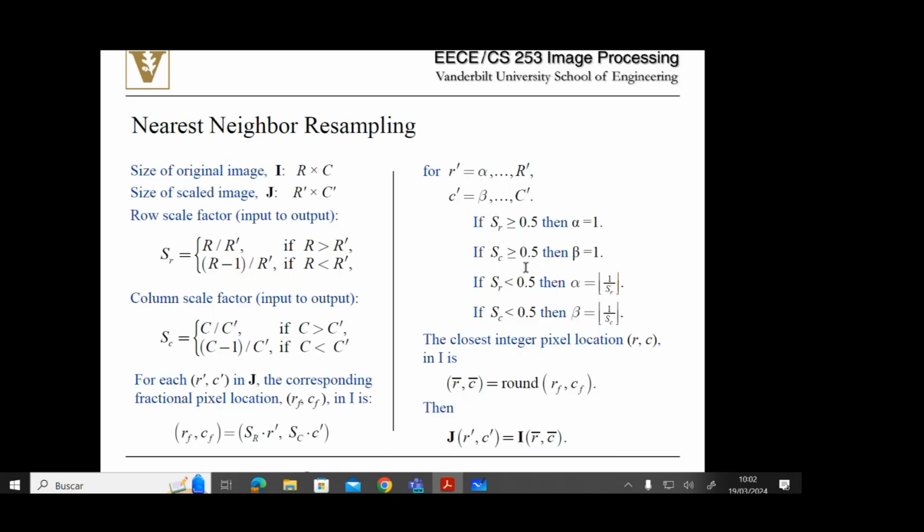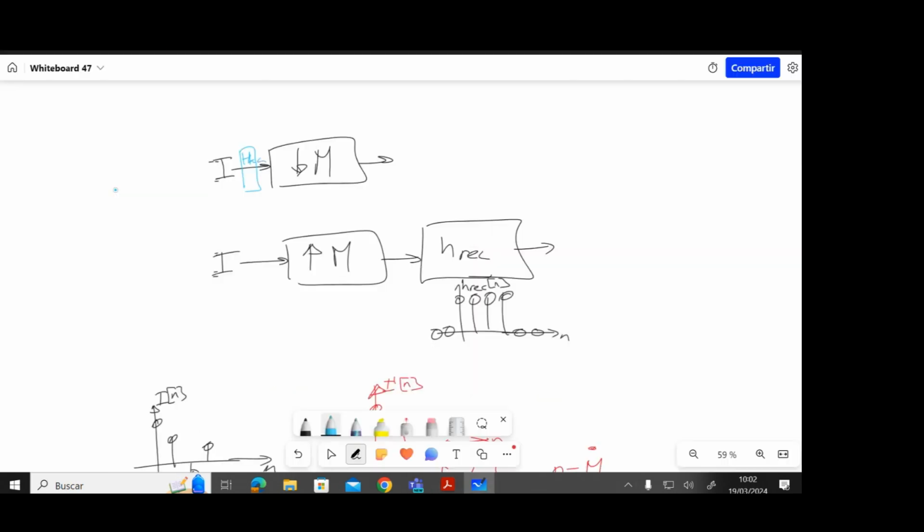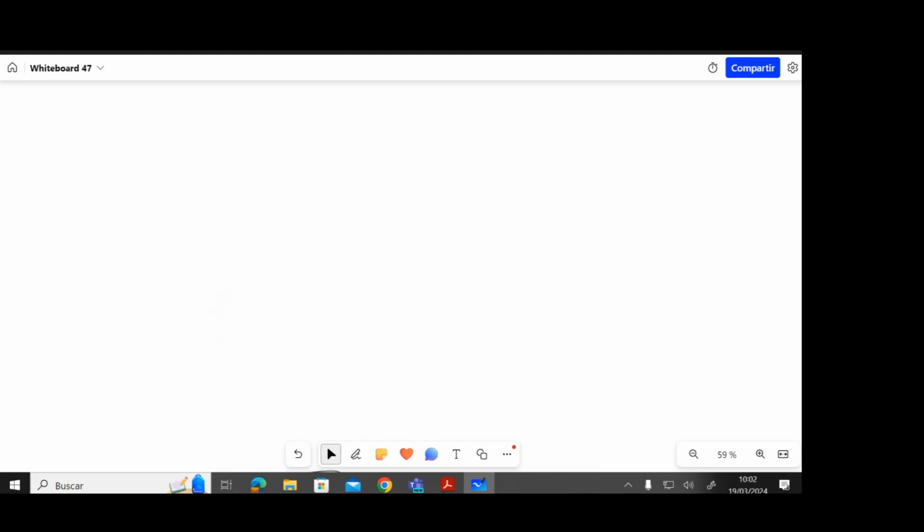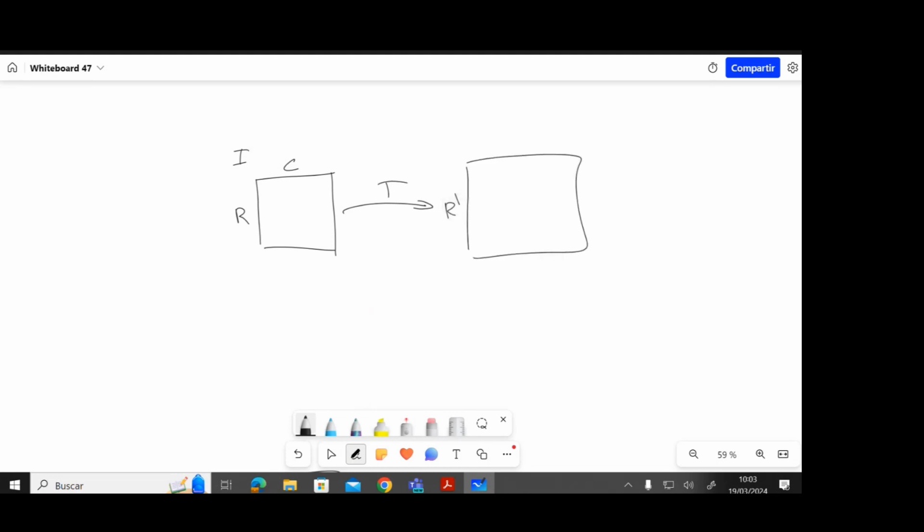Okay, so in general, how do you do it? In general you have an input image that has R rows, C columns, and it will be I. Now we want to transform it into something that has R prime, C prime.